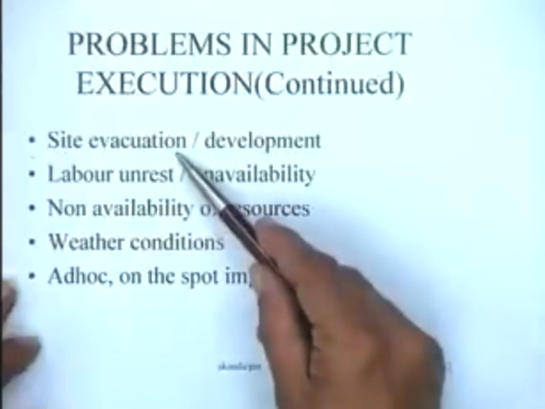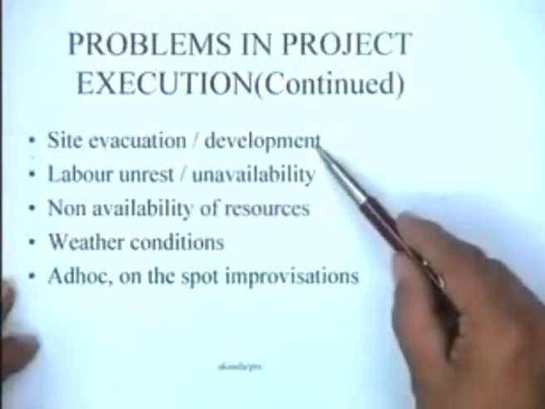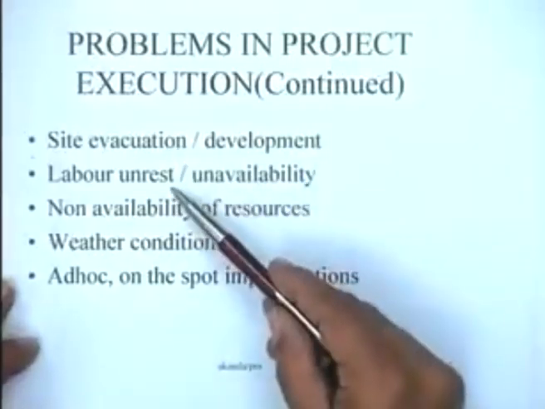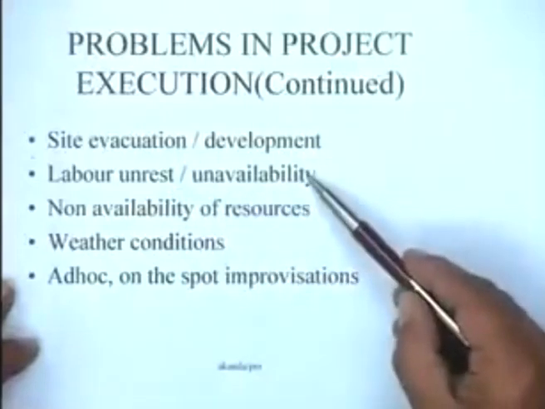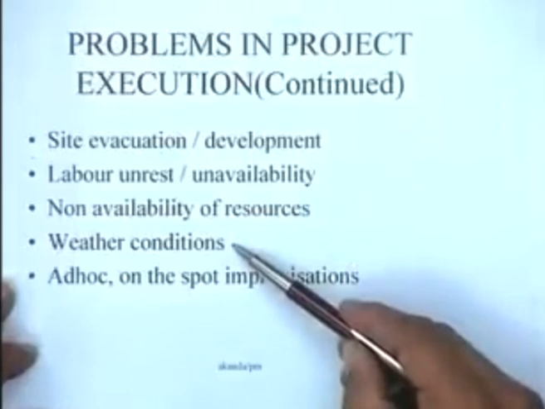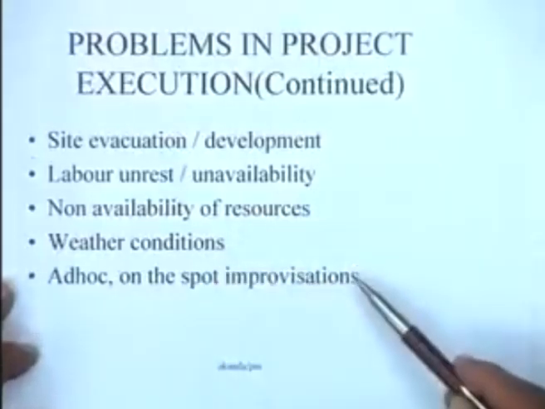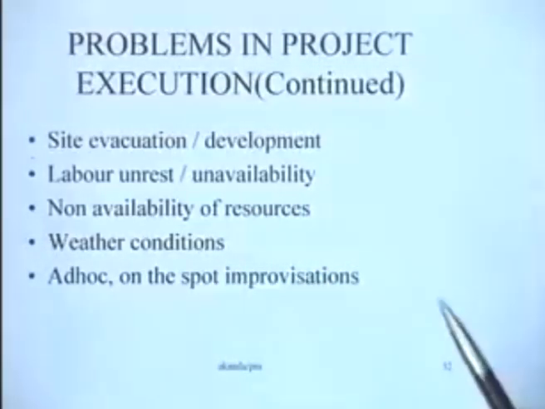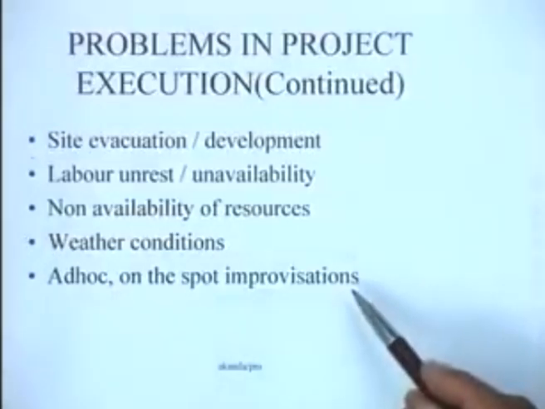There could be problems of site evacuation or development of the site, labor unrest or the unavailability of labor, non-availability of resources, weather conditions, or ad hoc on-the-spot improvisations. I think this is a particular feature of projects, that you don't know exactly what's in store for you and you have to go ahead with these kinds of improvisations.